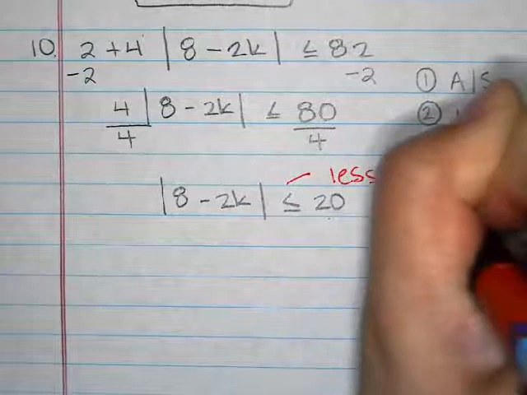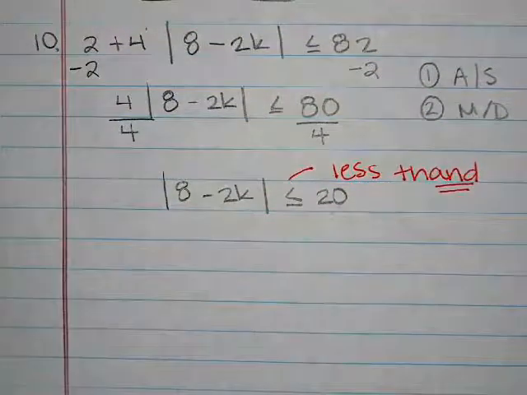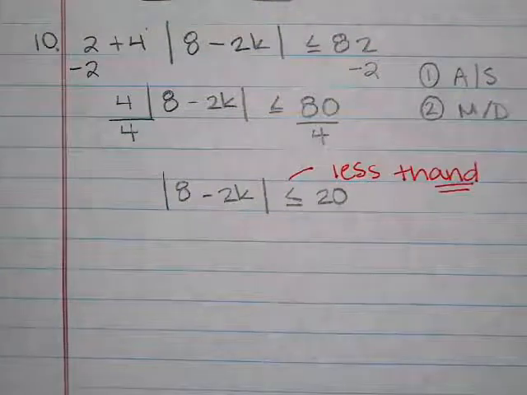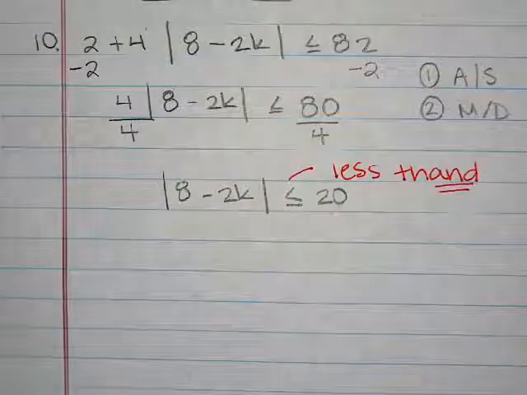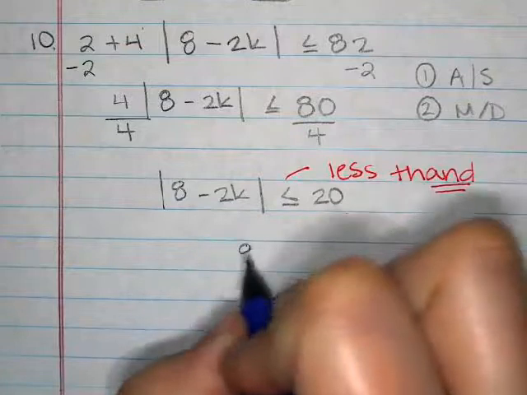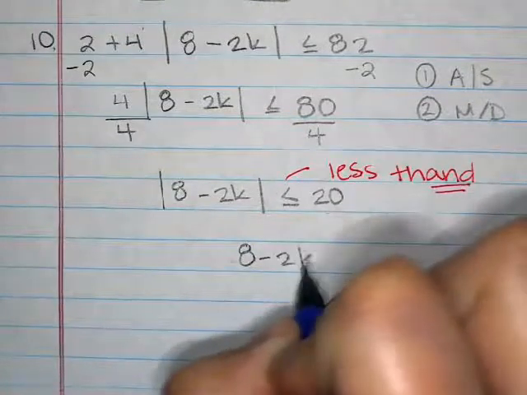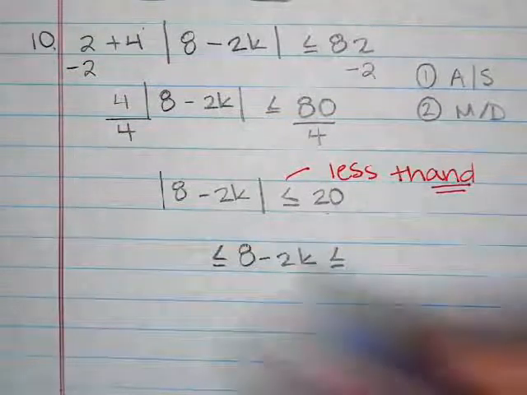Okay. So is this a sandwich where they're going together, or is this where they're going opposite directions? This is a sandwich. Okay, so I'm going to say that 8 minus 2k is sandwiched in between negative 20 and positive 20.